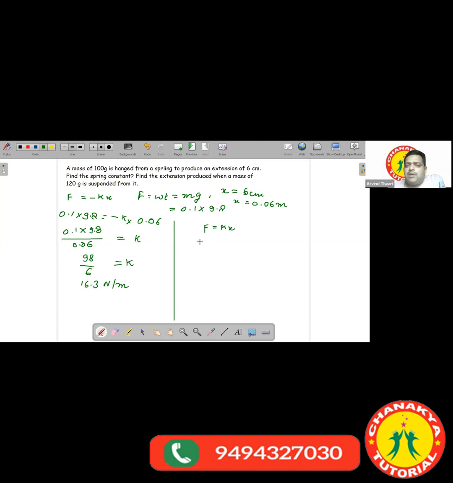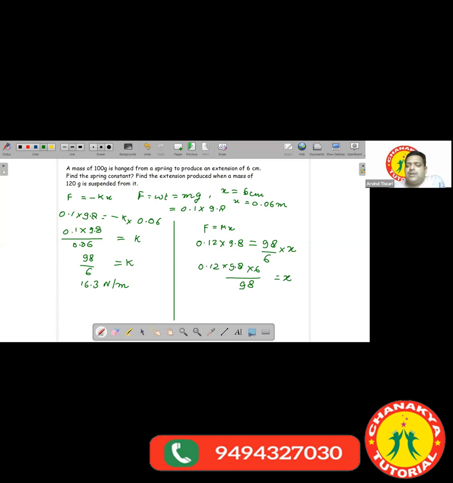So force would be 0.12 multiply g, that's 9.8, equals k, which is 98 over 6, and multiply x. So you should be getting here 0.12 multiply 9.8 multiply 6 over 98 should be equal to x.